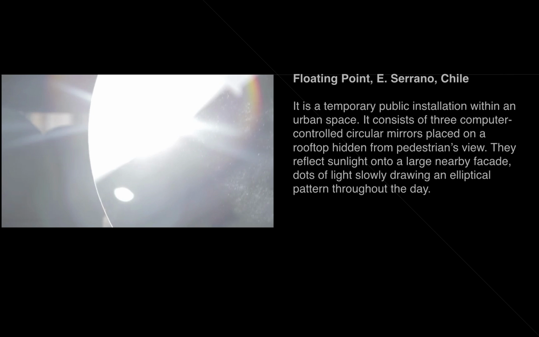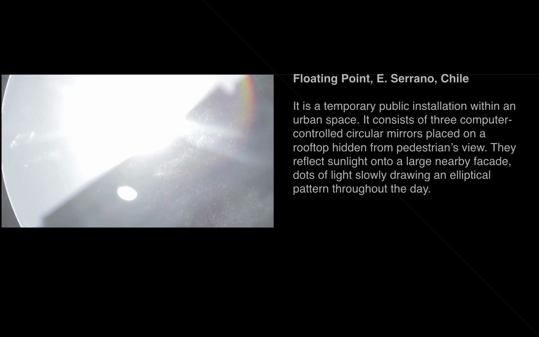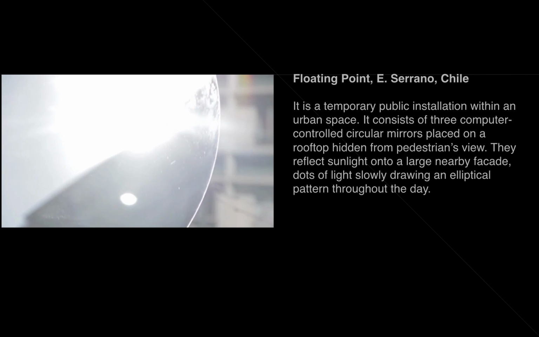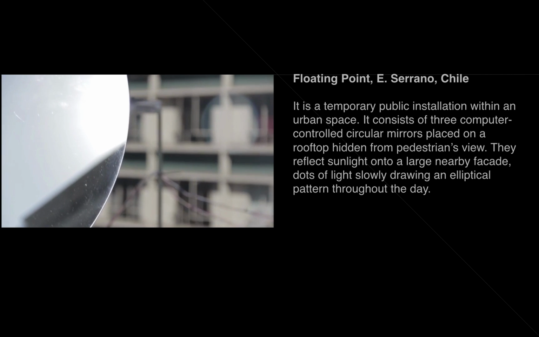And one more short project, or rather installation, which is a public installation in urban space in Santiago de Chile. It consists of 3 computer-controlled circular mirrors, which are placed on a rooftop and quite hidden from public.